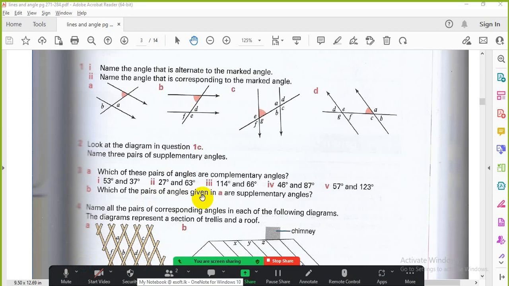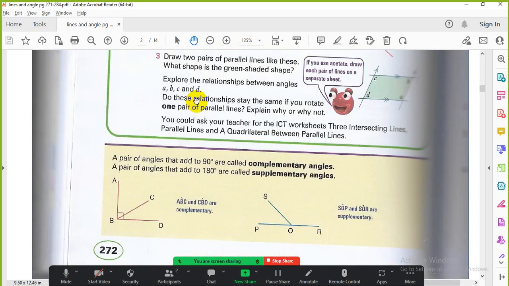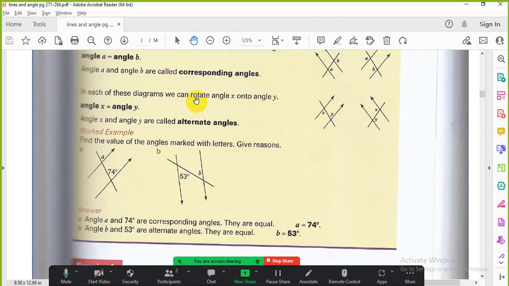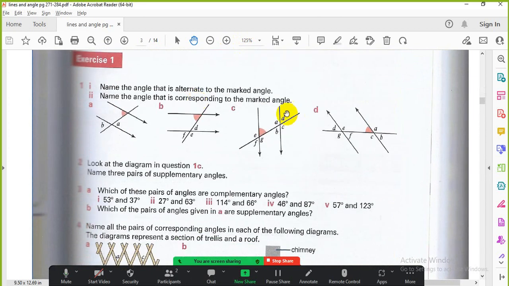Alright, look at the diagram in question 1C. Name 3 pairs of supplementary angles. So again, supplementary means what? Angles that the sum adds up to 180 degrees. Okay, so here what are the angles you can name? A and D. A and D, very good.